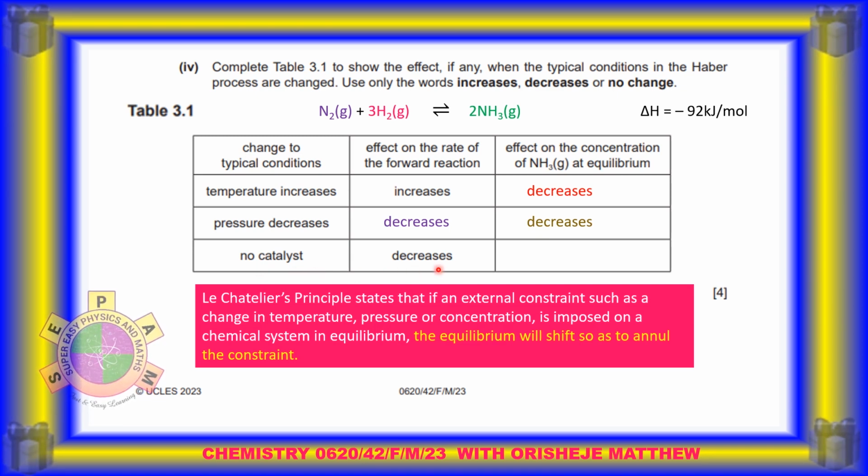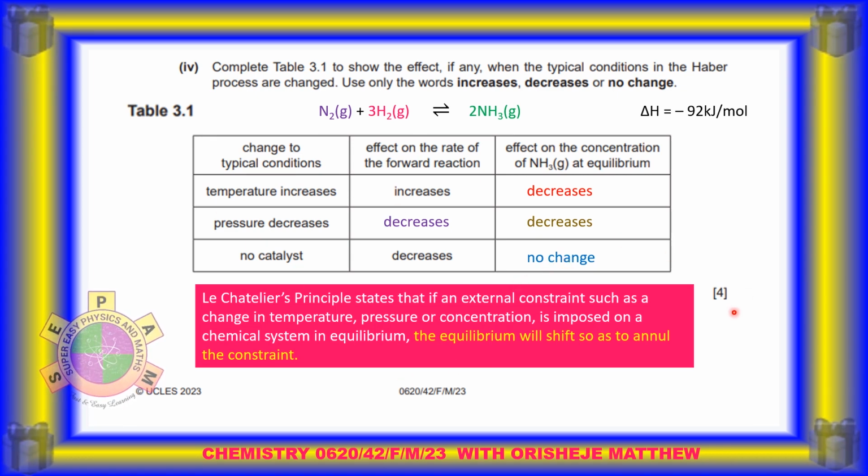Then the forward reaction decreases because the presence of catalyst will favor the production of ammonia, which is the iron, fine iron surface that will adsorb this material to increase the rate of reaction to produce more ammonia. So if there is no catalyst, then it will not have an effect on this, so there is no change.